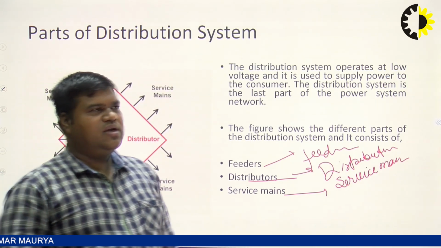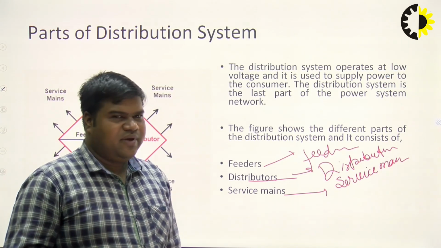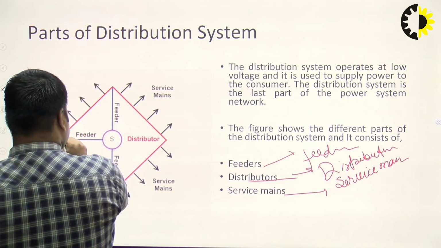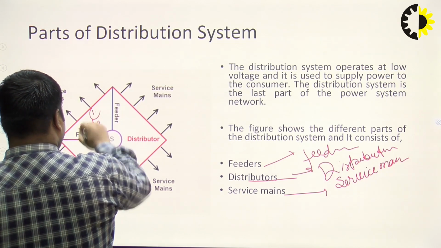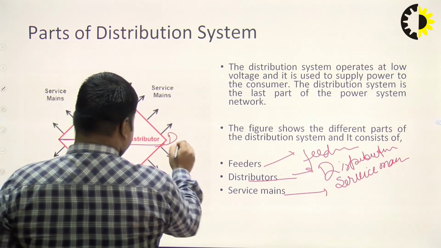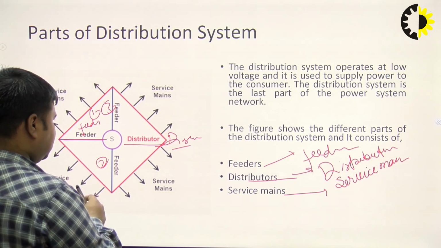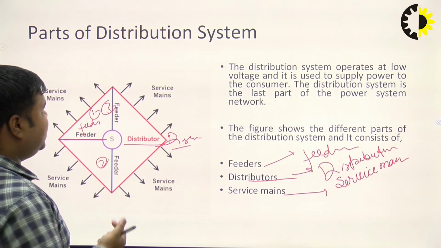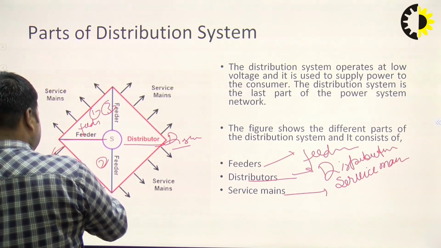We can easily see in the slide: this part is the feeder, and we can say this is one, this is two, this is three, and this part is the distributor side. The different colors are shown to help analyze the components of the distribution system. And this part is the service mains.